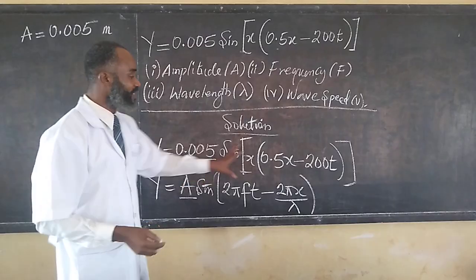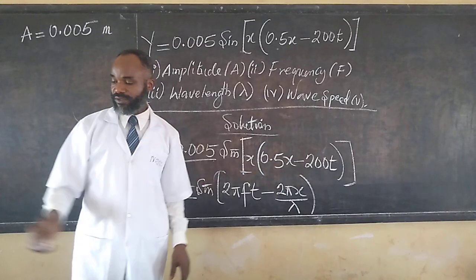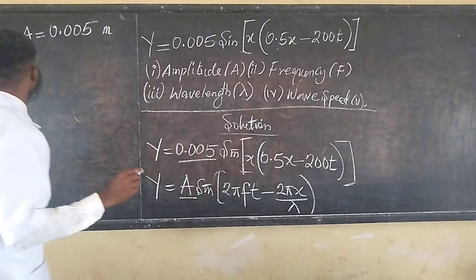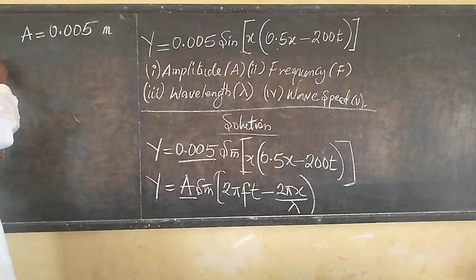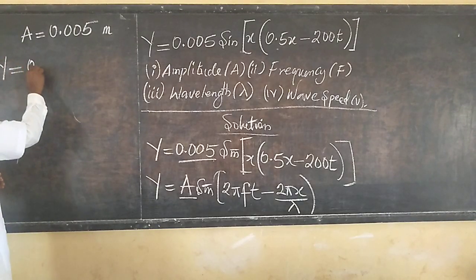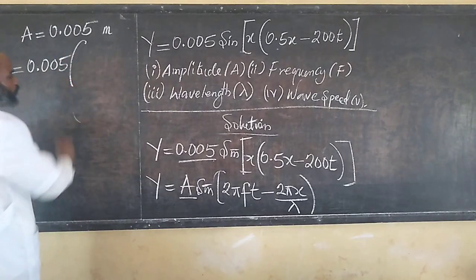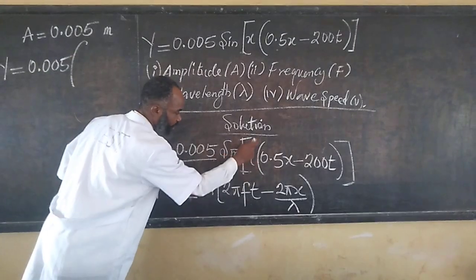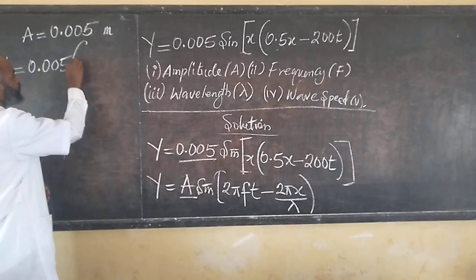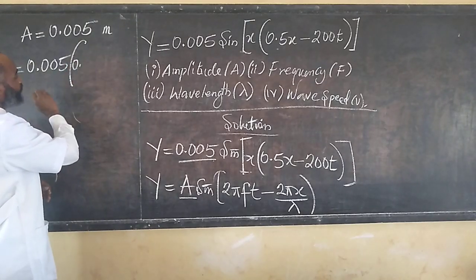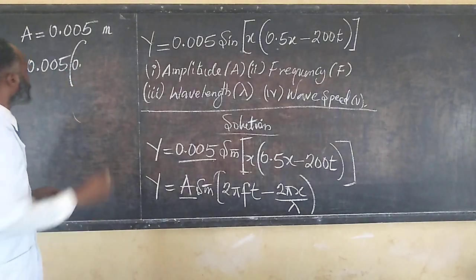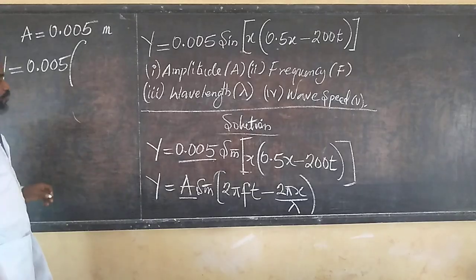So what do we do? We restate this equation. How do we do that? Very simple. We write y equals 0.005 sin, open bracket. We do away with this x and remove it completely, and we have just 200.